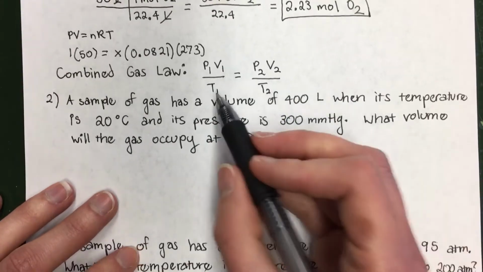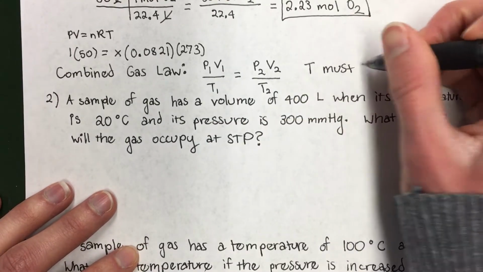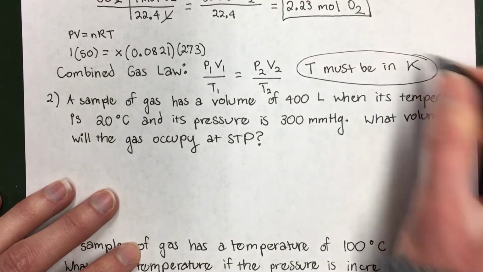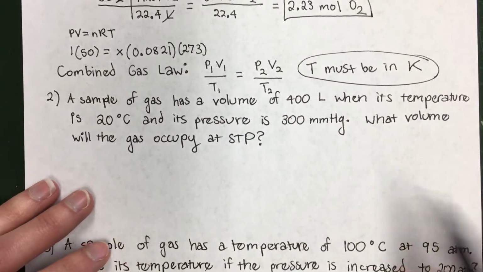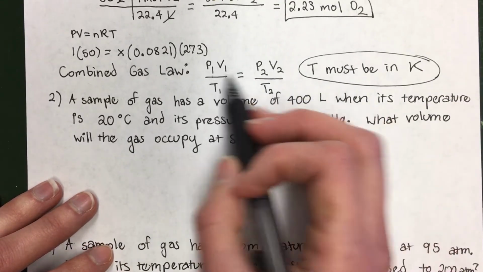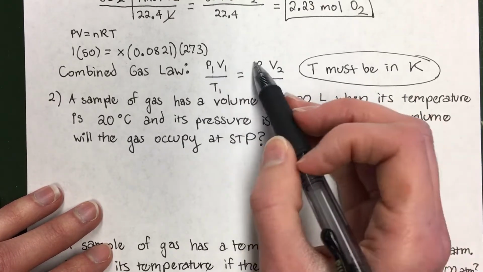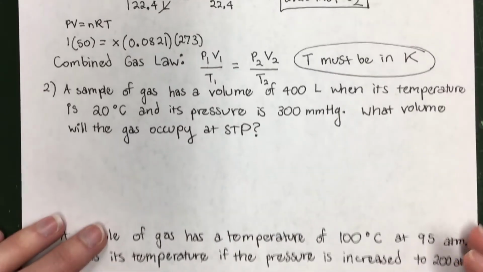Just a reminder, as always, your temperature must be in Kelvin. Even if they give you both your temperatures in Celsius, you have to change it to Kelvin. Your pressure and volume can be in whatever units you want, which is kind of weird, but temperature has to be in Kelvin.